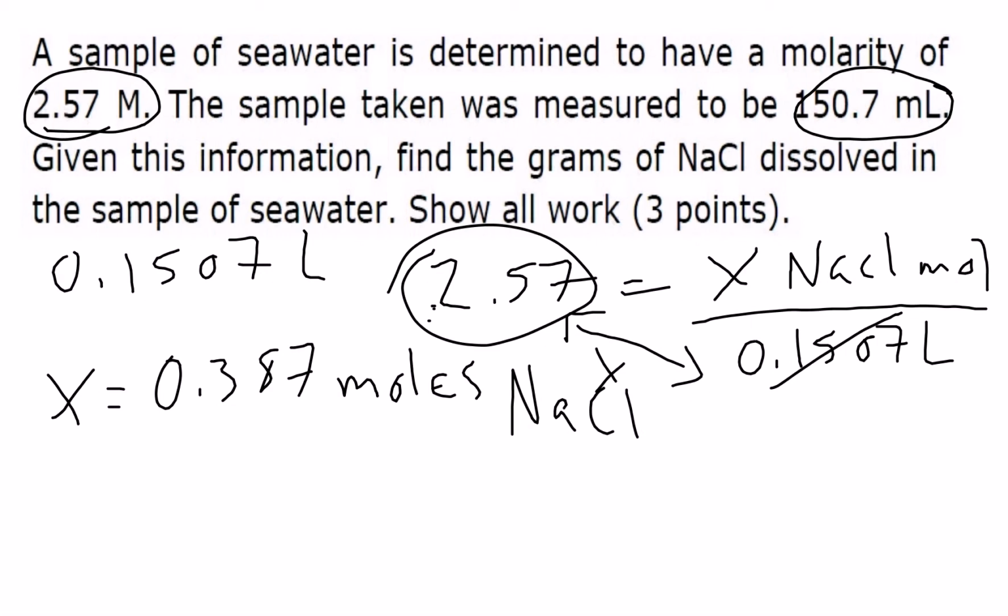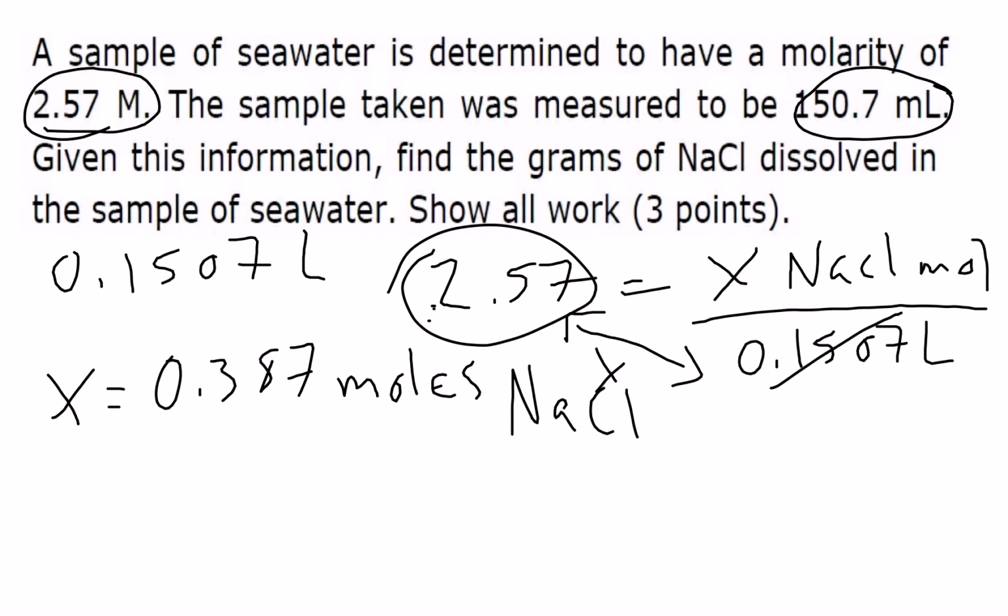Once I have that, if I want to convert it to grams, I need to go and find the molecular weight of NaCl from the periodic table. And I can tell you guys right now, sodium is approximately 23, the chlorine is about 35.5, roughly in that area.